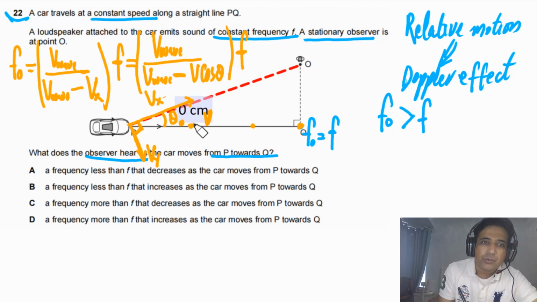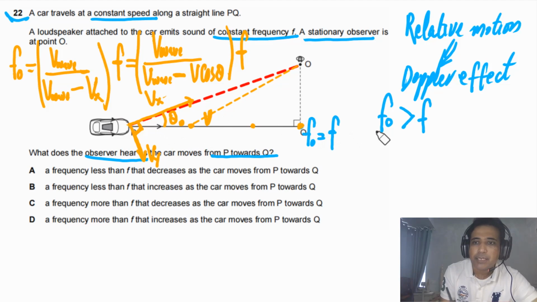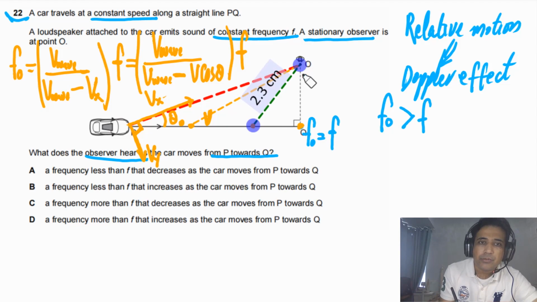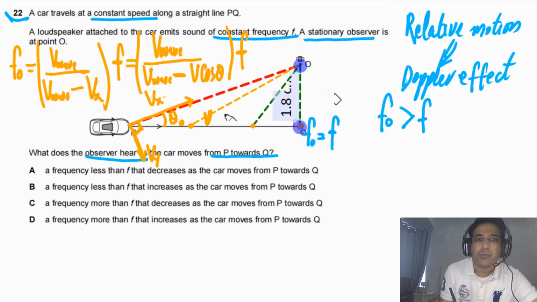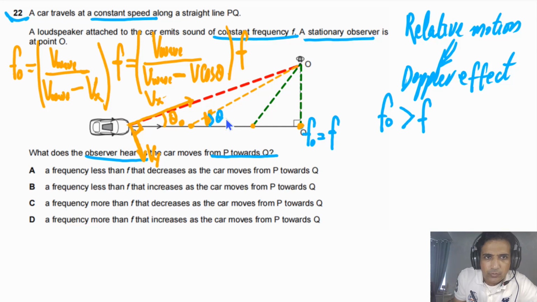First of all, when the source is here, we can draw this line and give a name to this angle, and we can also draw another line when the source is at the next point. Let's say this angle is theta 1, this angle is theta 2, and this angle is theta 3.